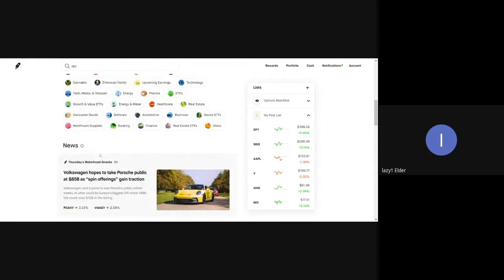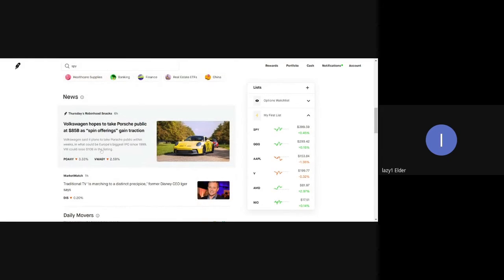Then scroll down more, you'll see news, just daily news about any of the stocks, the important ones, the ones making the biggest noise, or just ones people have their eyes on, or anything newsworthy about them, like this one. Volkswagen hopes to take Porsche public at 85 billion. It's pretty big news.